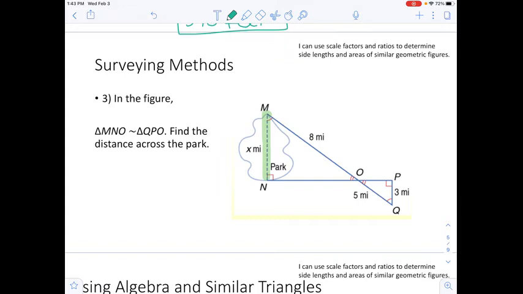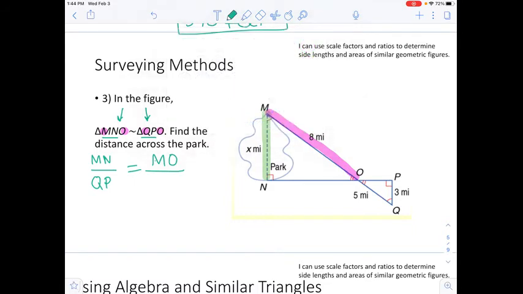Okay, so I'm going to set up a proportion, and you guys, it's nice to be able to use the picture, but I want you to really try to rely on the order of the letters, because this is going to help us. So I'm going to start with MN over, MN is the first two letters, that corresponds with QP, equals, and then my other measurement that I have here is MO, which, looking at the letters, is the first and the last.